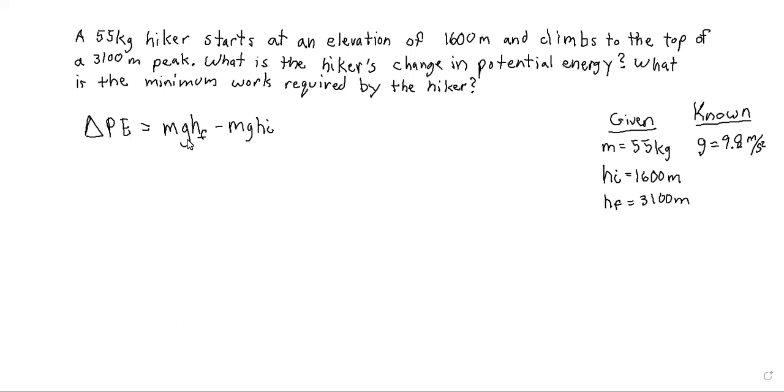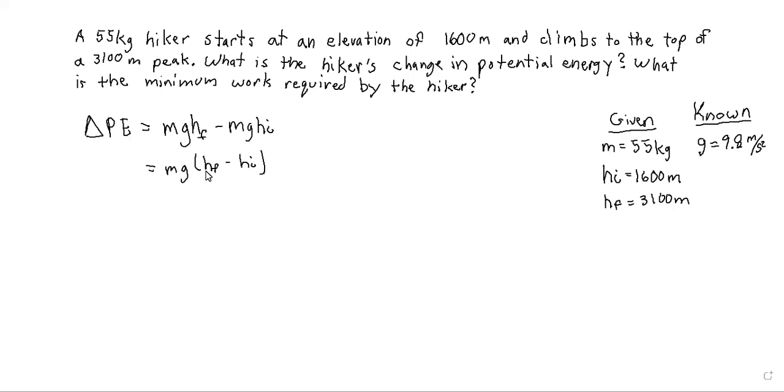Note that m and g are the same values, so we can rewrite it as m times g times the change in height, the final height minus the initial height.